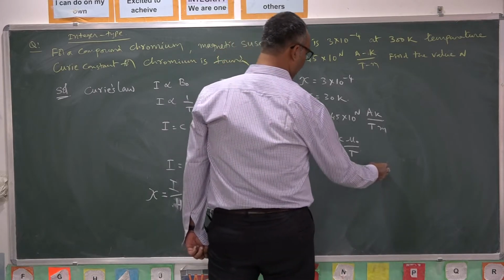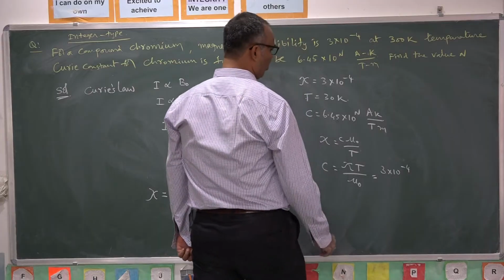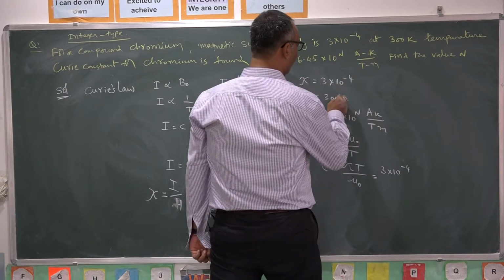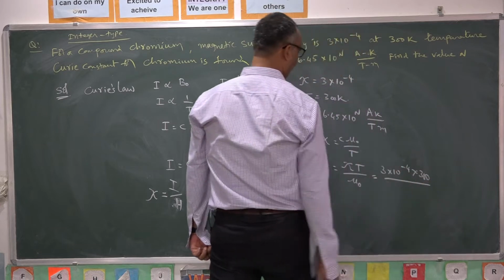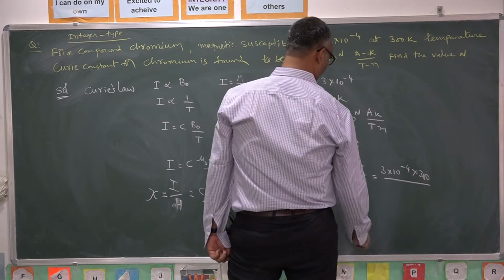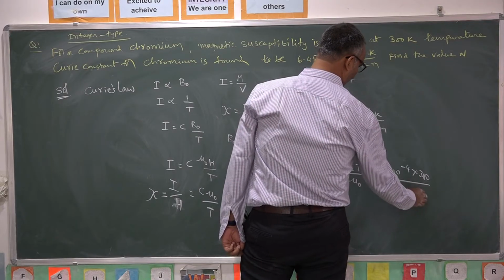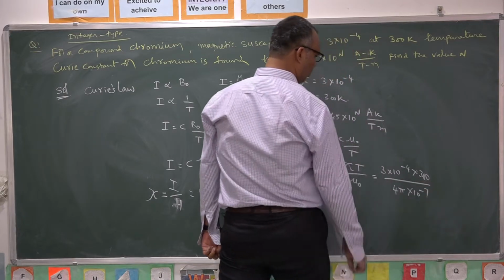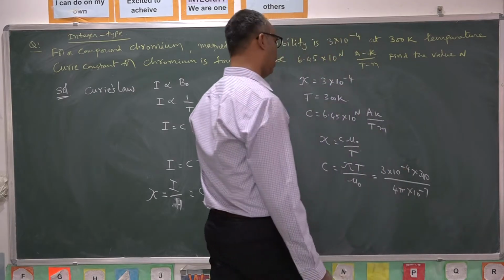Chi value they gave as 3 into 10 power minus 4. T value they gave 300 Kelvin, by mu naught value. Already we know that it is 4 pi into 10 power minus 7.